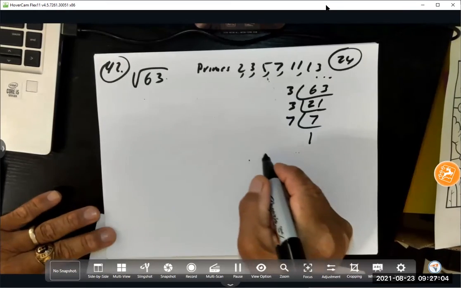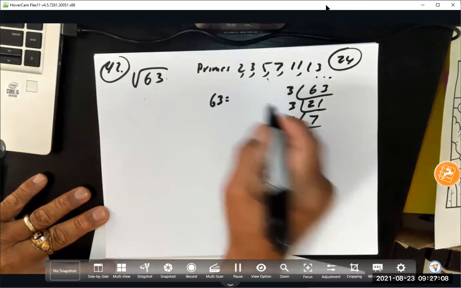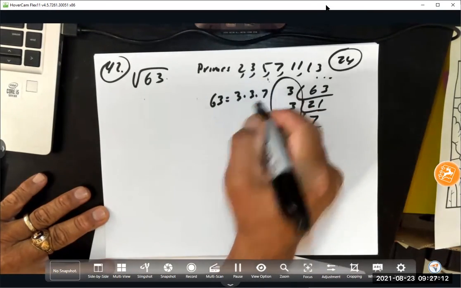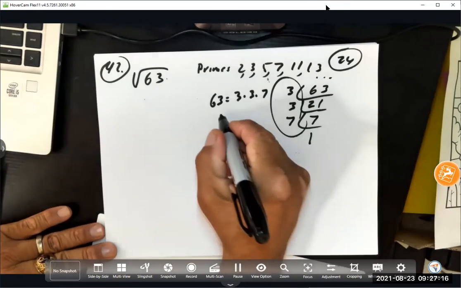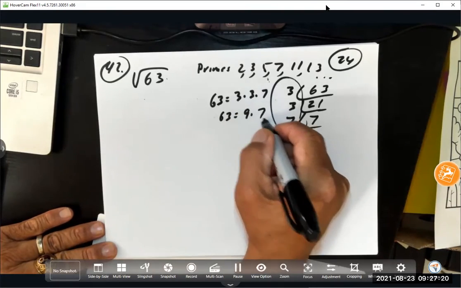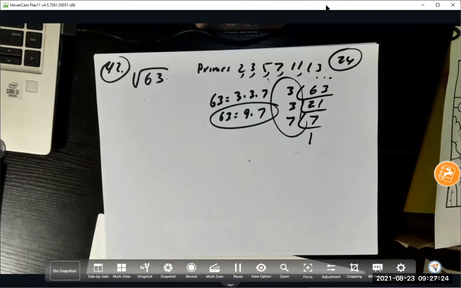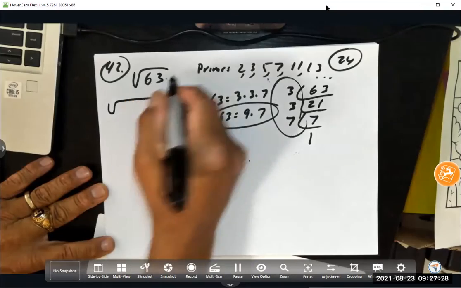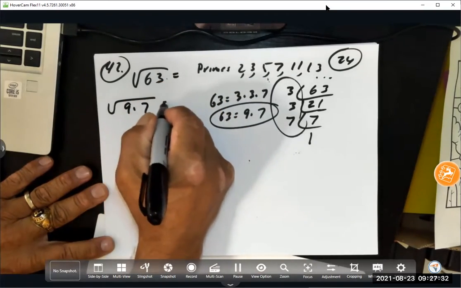Okay, so now here's the way it works. I know that 63 is 3 times 3 times 7. Is everybody okay with that? And 63 is 3 times 3, which is 9, times 7. You see what I did right there? So now I'm going to substitute it up here. 63, I'm going to write it this way: 9 times 7.